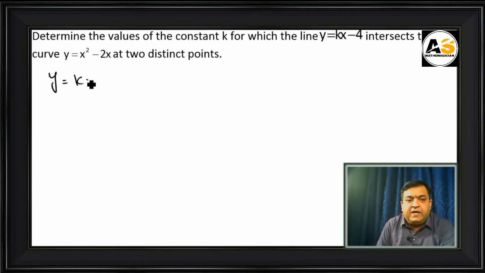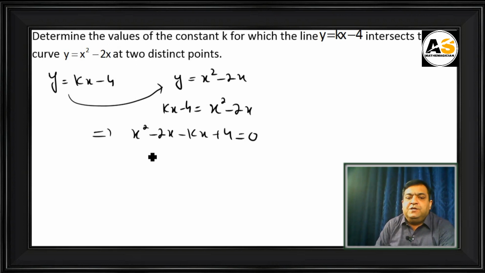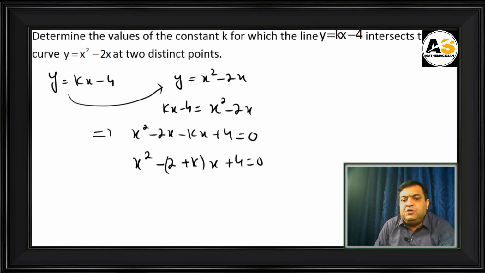Line is y is equal to kx minus 4 and curve is y is equal to x square minus 2x. Put the value of y over here. kx minus 4 is equal to x square minus 2x, which implies x square minus 2x minus kx plus 4 is equal to 0. x square minus 2 plus k into x plus 4 is equal to 0.